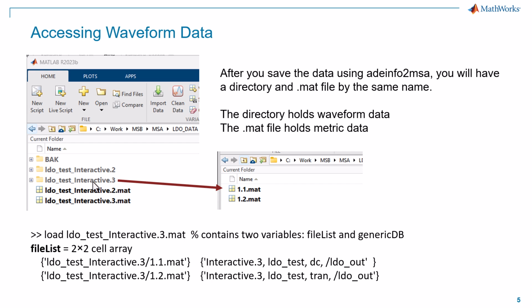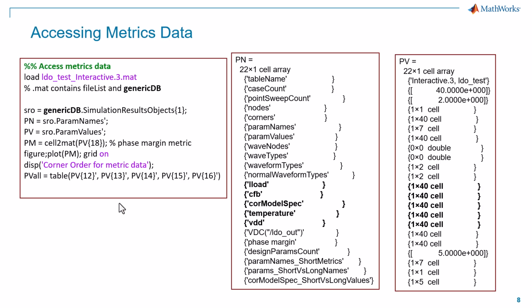That's the folder with the waveform data store. But now we're going to concentrate on this LDO test interactive .2 or .3 .mat. These are where the metrics are stored. We're going to load one of those files, in this case .3 .mat.